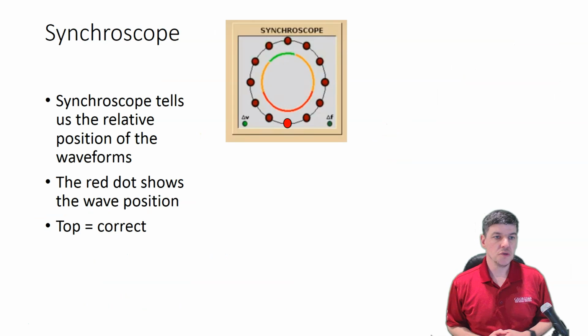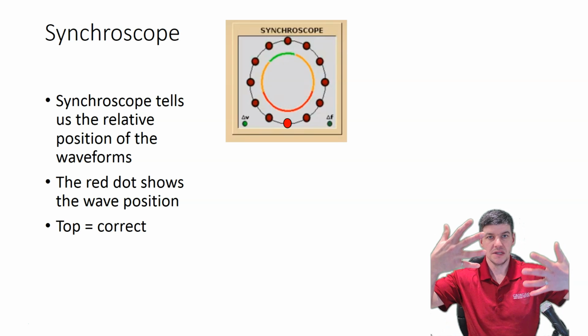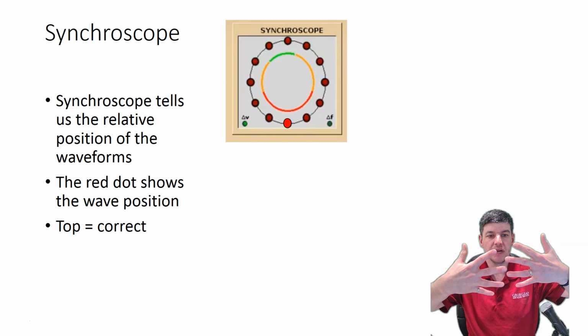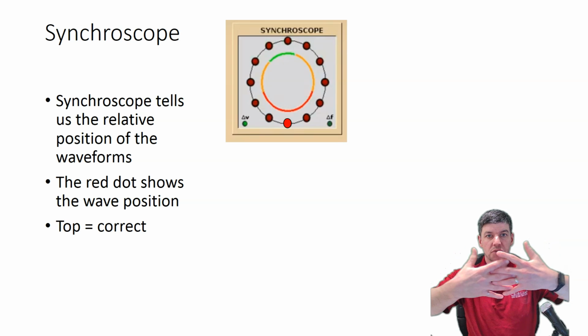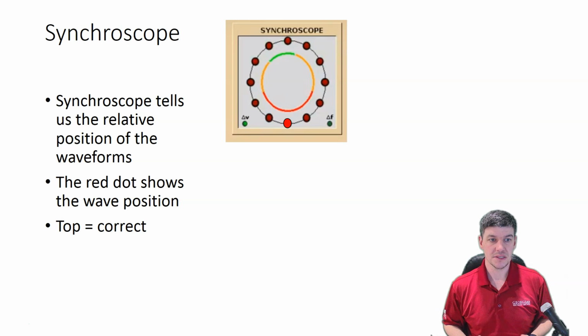So I'm going to use a tool known as the Synchroscope to figure out where the position is correct. Okay, the Synchroscope tells us the relative positions of those waveforms. So as those waveforms are trying to line up to be able to be connected, the Synchroscope is going to tell us when is the right position. And you're going to see a red dot on your Synchroscope.